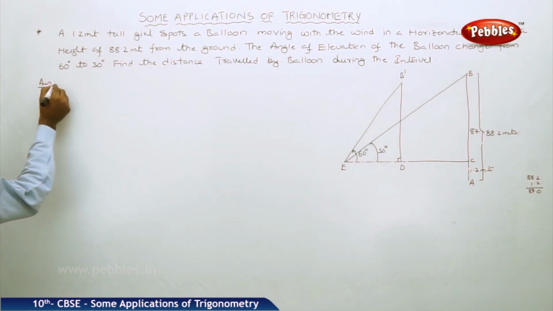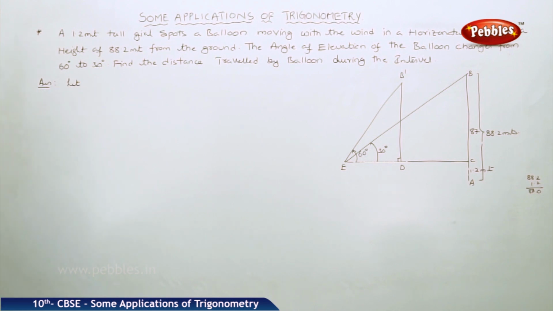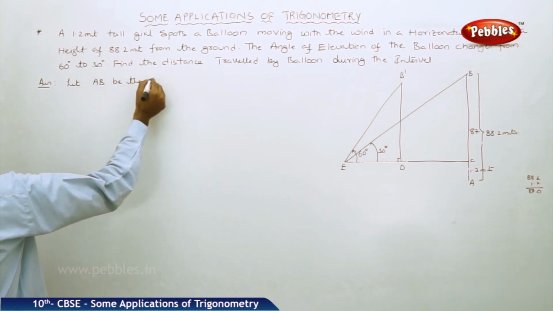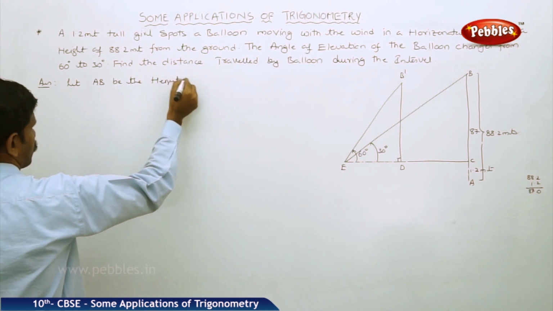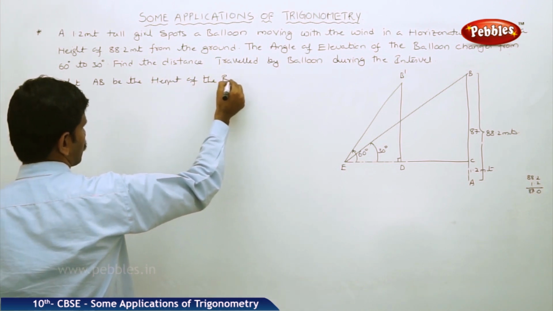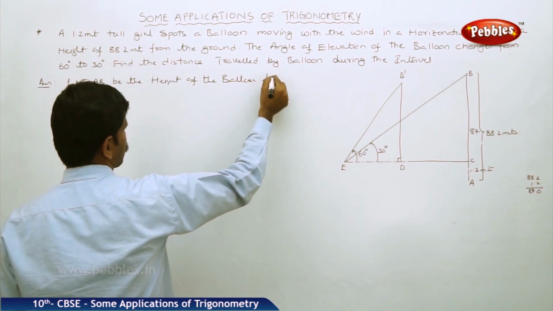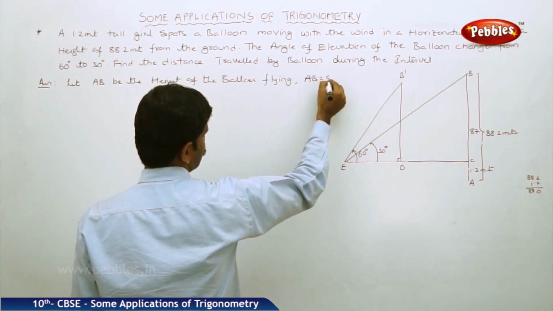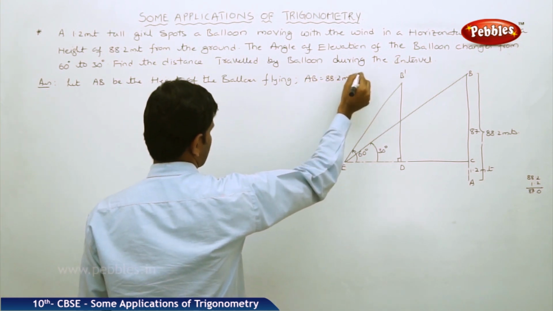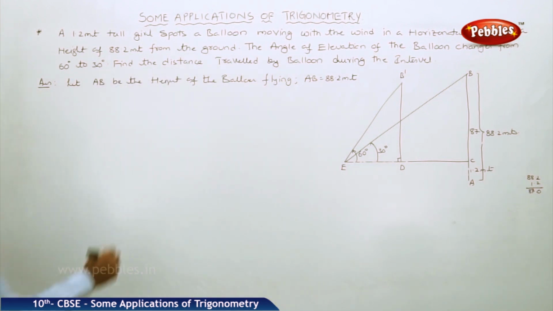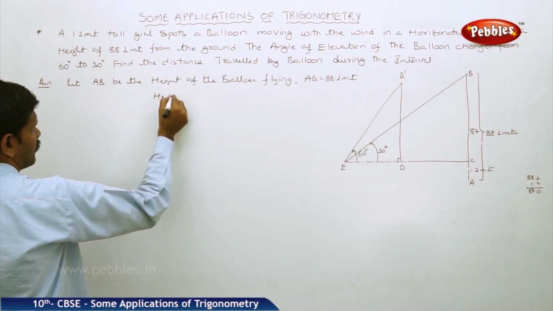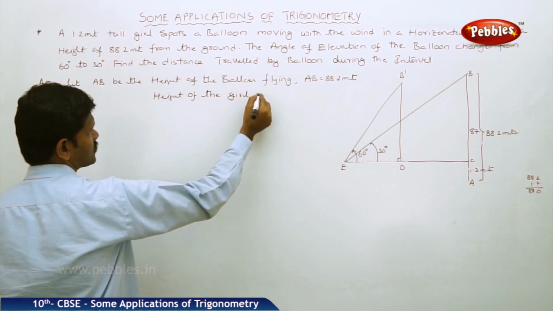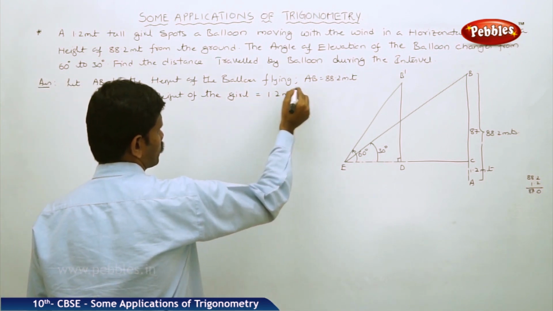Answer: let AB be the height of the balloon flying, and AB is equal to 88.2 meters, and the height of the girl is equal to 1.2 meters.